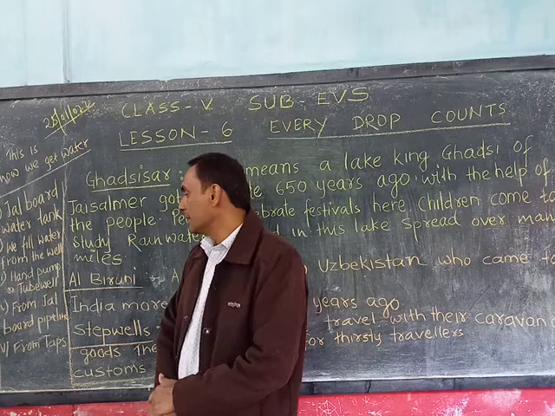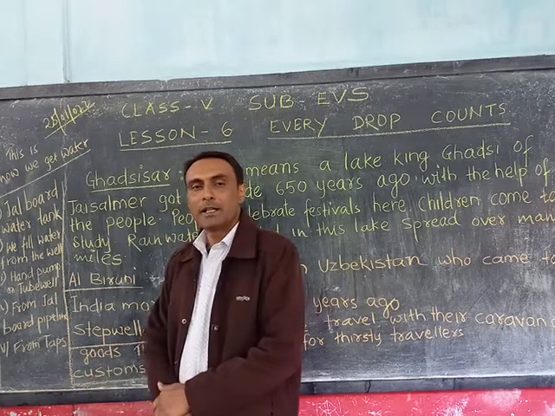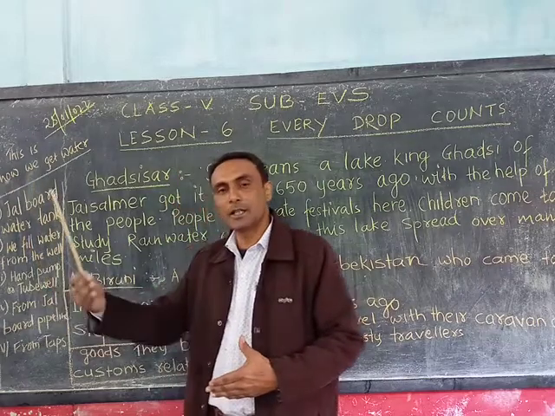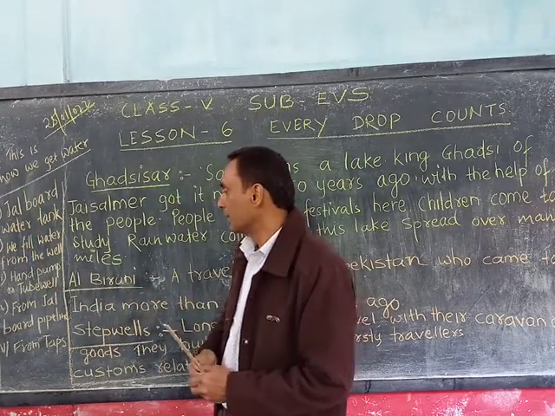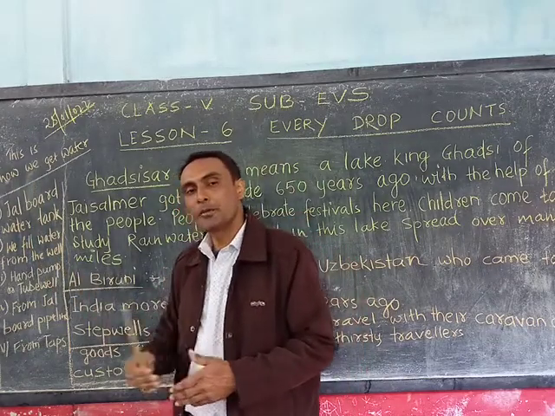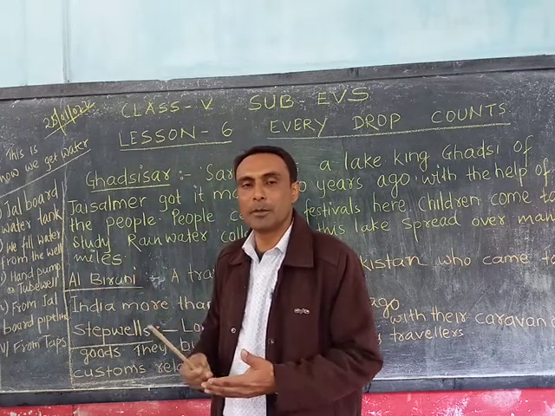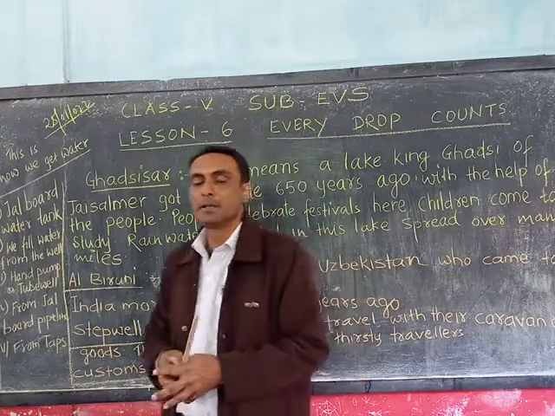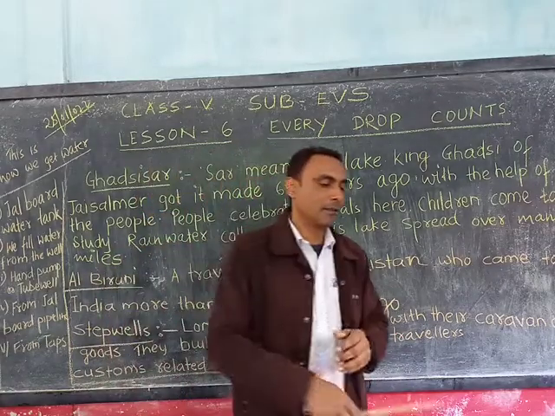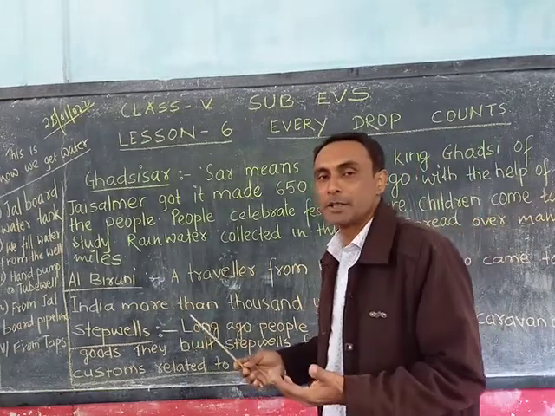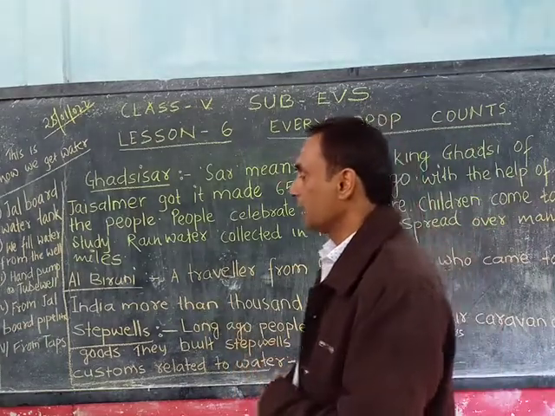And our water pipeline system is directly connected to the Jal Board pipeline. From there also we can get water at least 1 hour in the morning and 1 hour during the evening, or 1 hour or half an hour, just according to their system.